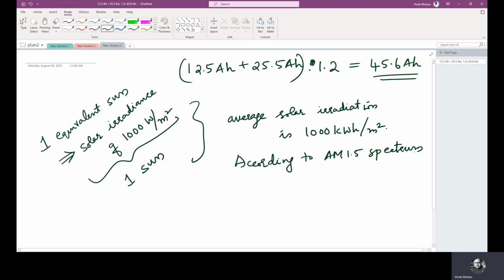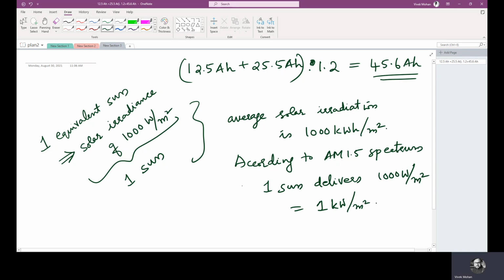So for standard weather conditions, one sun delivers 1000 watts per meter squared, which is equal to 1 kilowatt per meter squared.